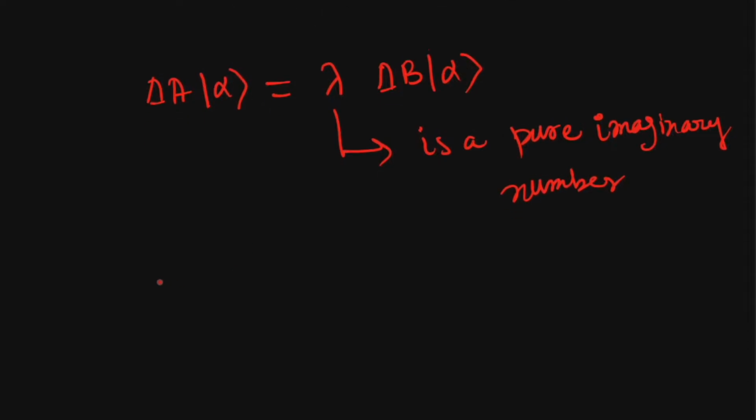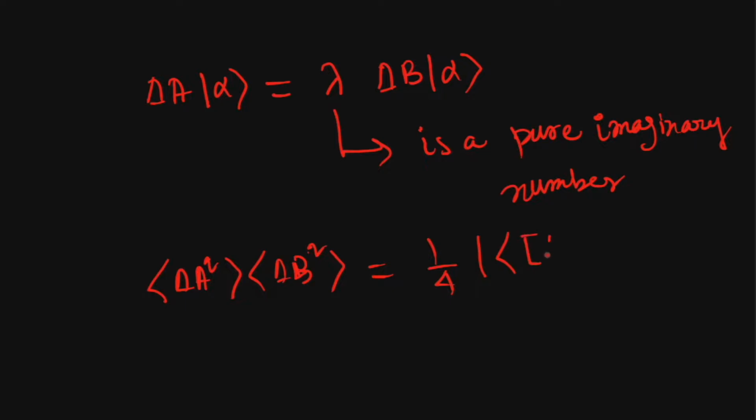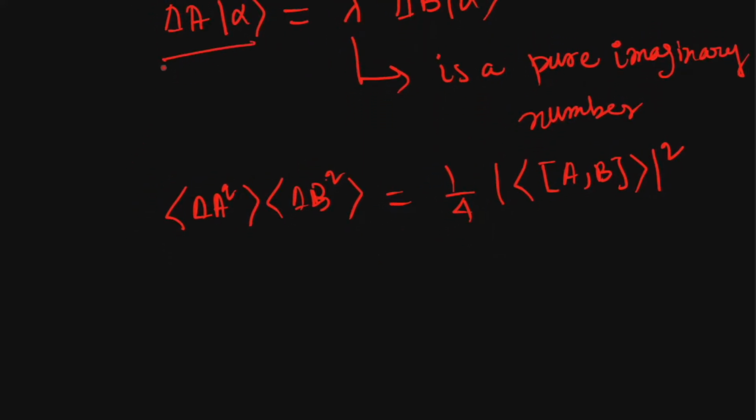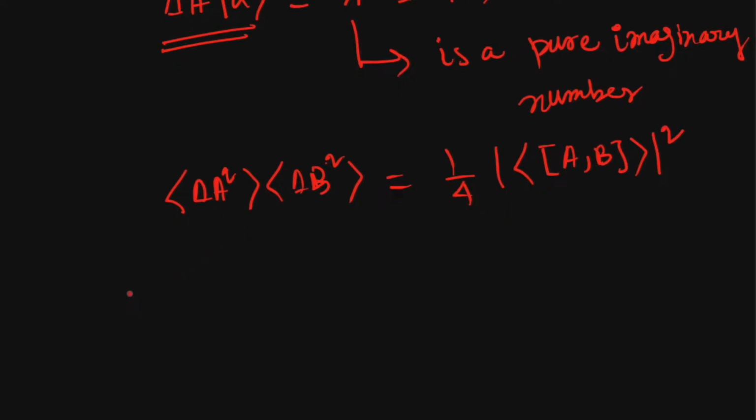That means if this happens, the expectation of delta A squared times the expectation of delta B squared is equal to 1 by 4 of the expectation value of the commutator of A and B, its square. So let us first calculate the expectation value of delta A squared.